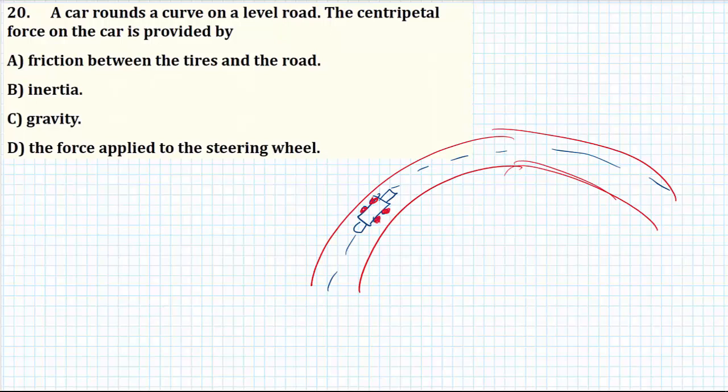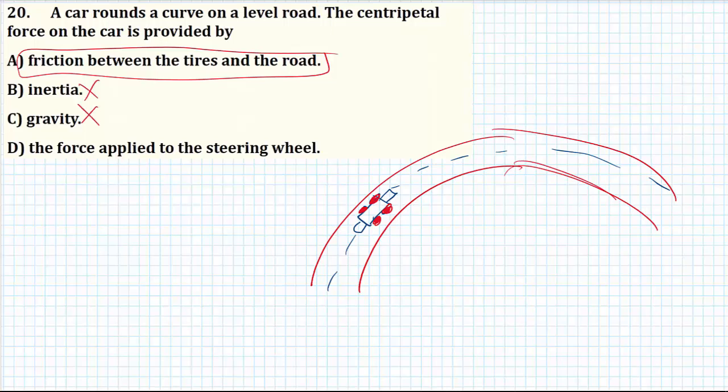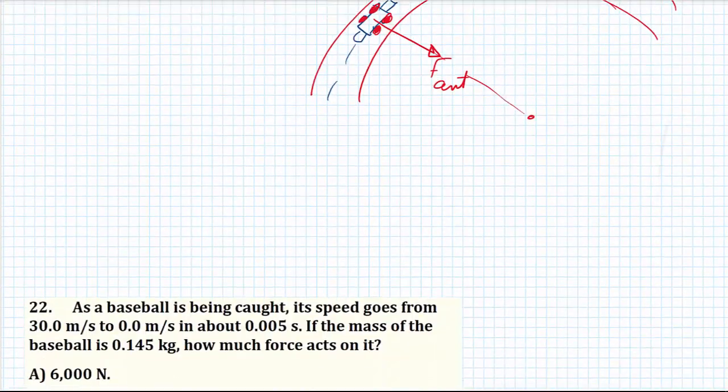The centripetal force here is provided by the friction between the tires and the road. The force between the tires of the car and the road. Not the inertia, not the gravity, of course. The force applied by the steering wheel doesn't make any sense. So this is the only force: the centripetal force comes from the friction between the tires and the road.